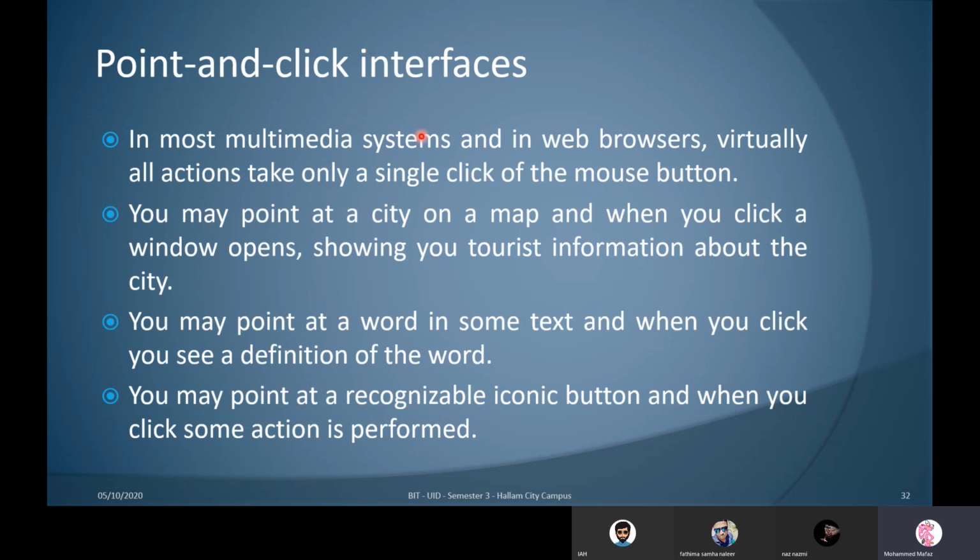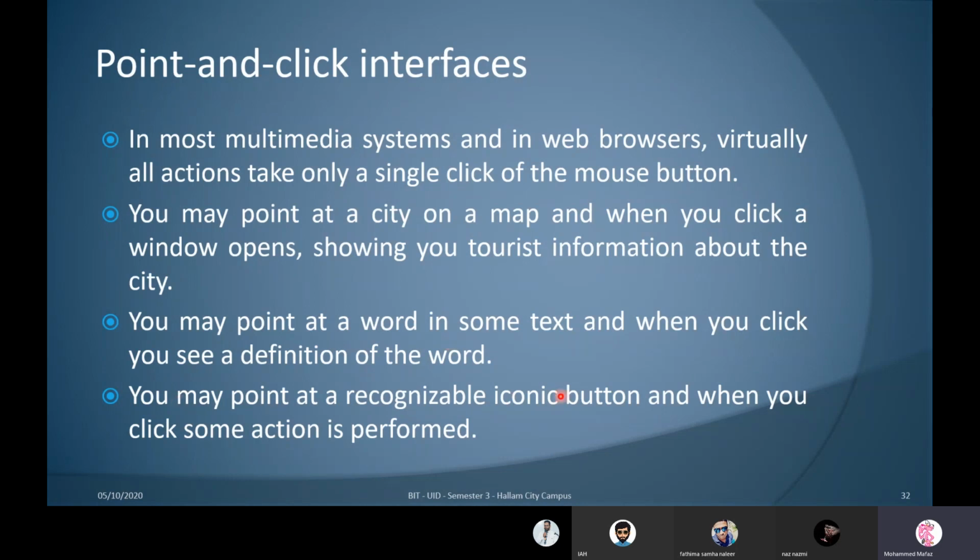That is one place where you can think of it. Similar things you can introduce in your software or web applications, where when the user is clicking something, you show a tooltip or some additional information, right? So that is point and click interface. You may point at a word in some text, and when you click, you see a definition of the word.